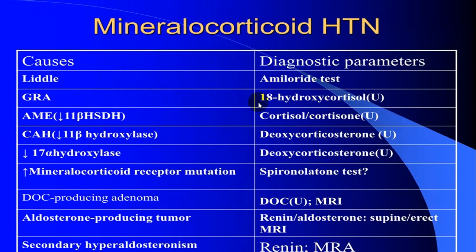In Gitelman's, you look for hydrocortisone level, mineralocorticoid mutations, spironolactone test. Aldosterone producing tumor, you look for the renin aldosterone ratio, or you can go for MRI. Secondary hyperaldosteronism, you look for the renin to mineralocorticoid activity, etc. So these are where mineralocorticoid is in excess and you have hypertension.